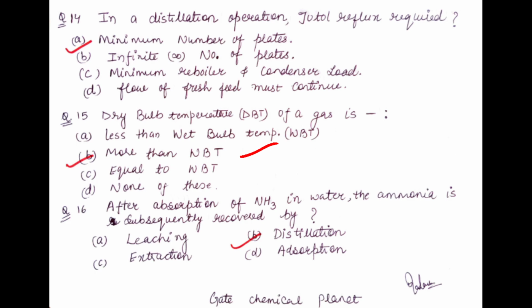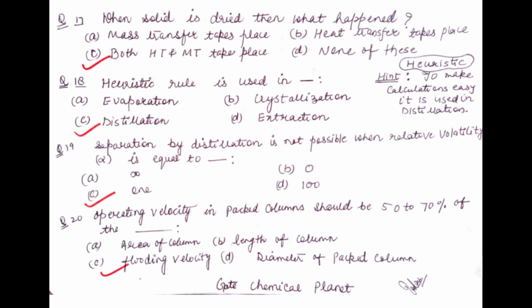So leaching, extraction, adsorption and distillation are the options here. The answer is the distillation process. Ammonia is subsequently recovered or removed by the distillation process. Okay, so option B is correct for this. Now we will move on to the next question.